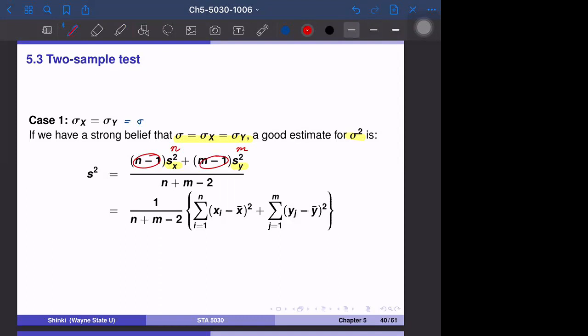Actually, we lose 1 degree of freedom when we calculate the sample variance, so we get n-1 and m-1 here. Then the denominator is the summation of n-1 and m-1. Finally, this is the formula. This is often called the pooled variance, since we pool all observations.